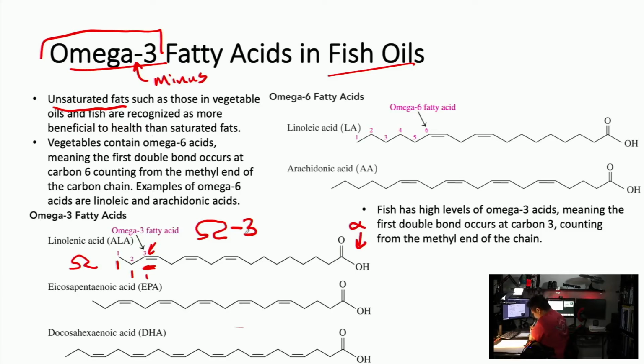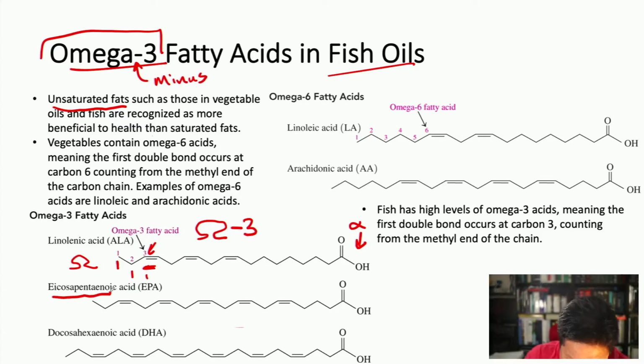So, other omega-3 fatty acids: eicosapentaenoic acid. Wow, I can say eicosapentaenoic acid with no problem at all, but for some reason, linolenic acid is a problem for me. Anyway, it also has a double bond at the third carbon from the end, the omega-3 carbon.